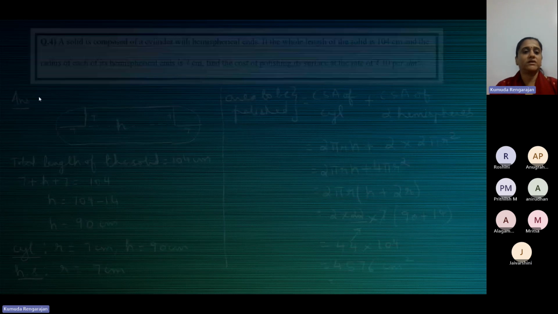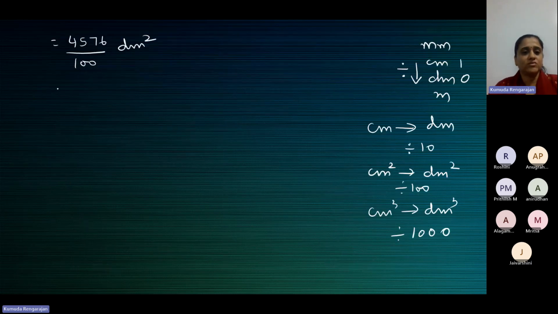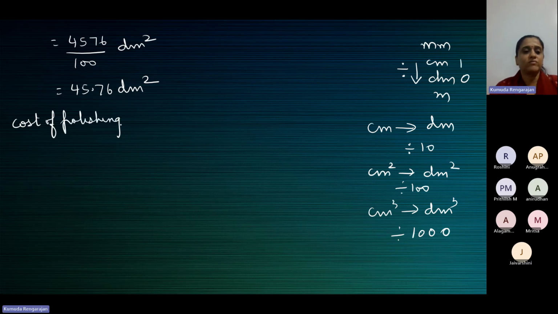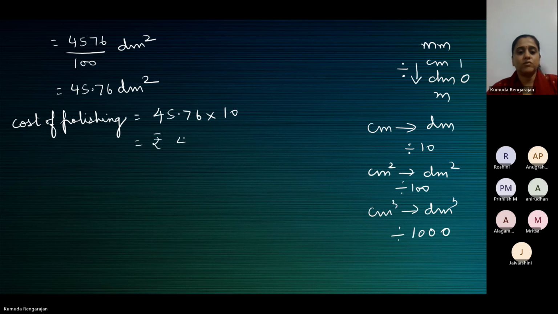When you divide by 100, it's converted to decimeter square. So that is 45.76 decimeter square. Now the cost of polishing is equal to 45.76 into 10, no? 57.6. All right, very good.